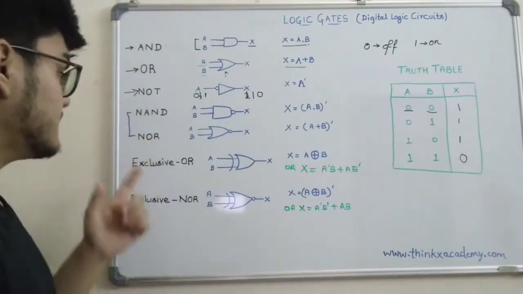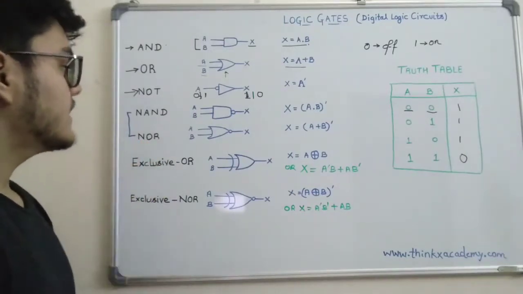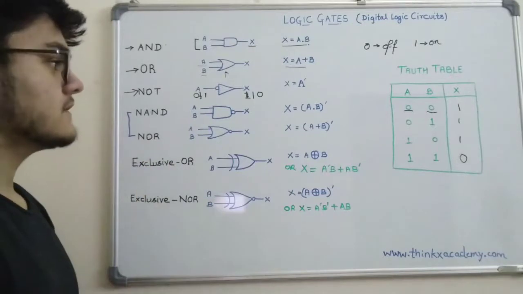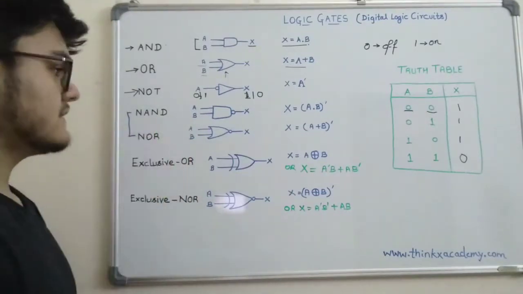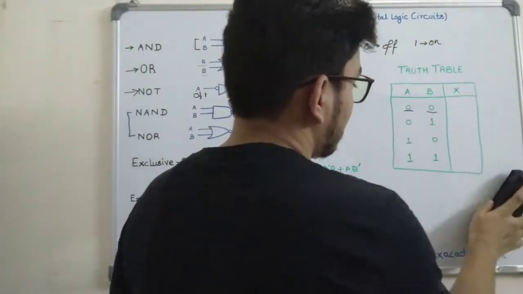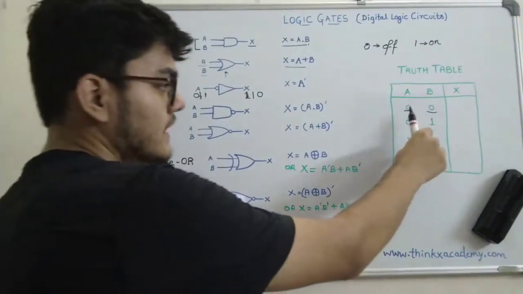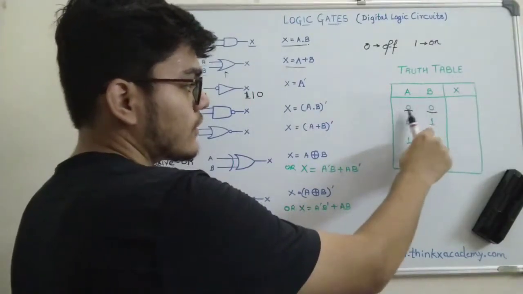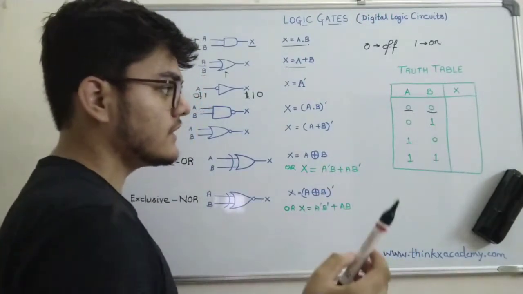The next one is the NOR gate, which is used to just invert the signals of the OR gate, the same as the NAND gate. In an OR operation, if any one of the signals is 1, the output will be 1.